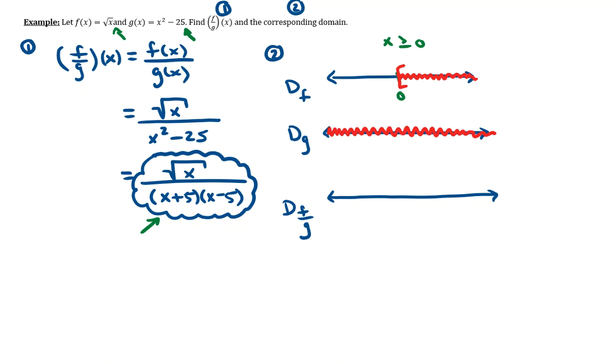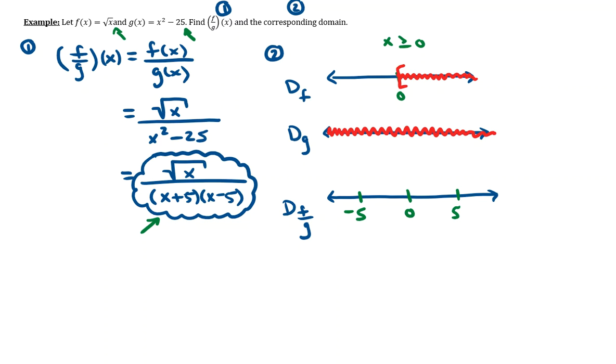So what I'm going to do on this third number line is put those two numbers on there, negative 5 and positive 5. And I'm also going to include the number 0, which is based on our domain for f. Okay, so we have to keep all this in mind when we are finding the domain of our combined function. That is, we have to keep in mind what's in common between the original two number lines and also exclude any of those additional values.